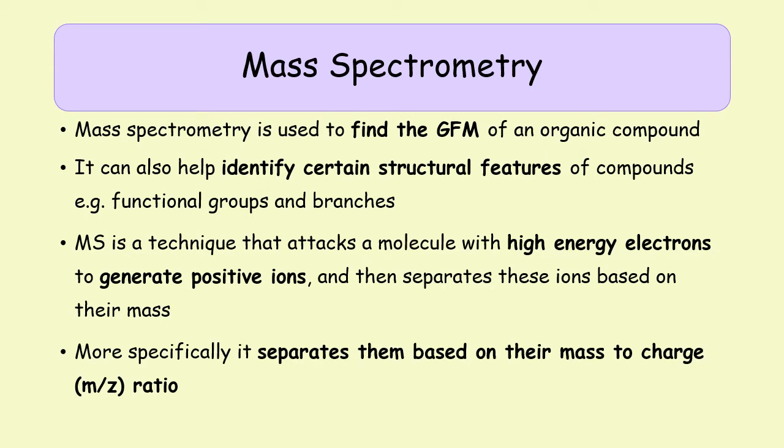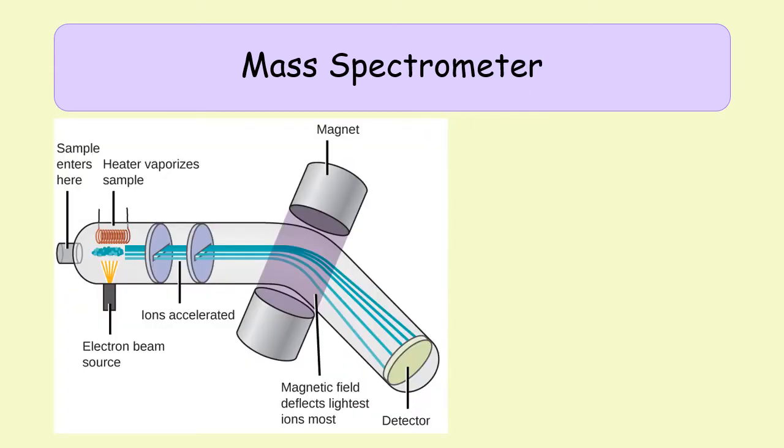More specifically, we would say that they get separated based on their mass to charge ratio, and we use a small m for mass and a small z for charge, so the m/z ratio. In the mass spectrometer, we have a sample where we vaporize our compound, we fire these high energy electrons, then they get sped up through some grates, and then they pass through a curved tube where we have the magnet.